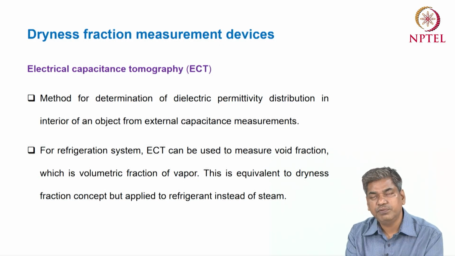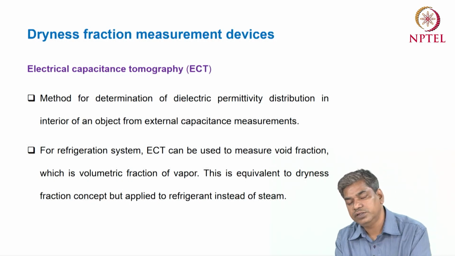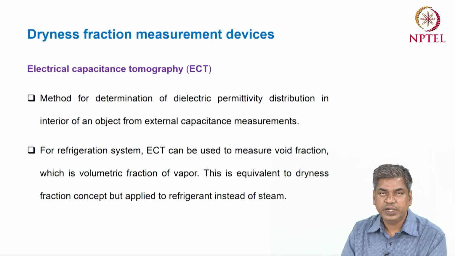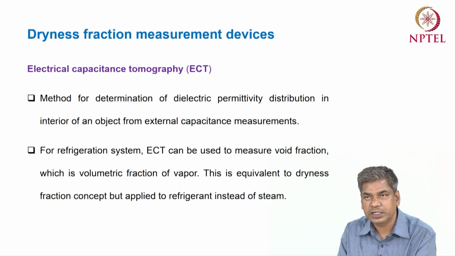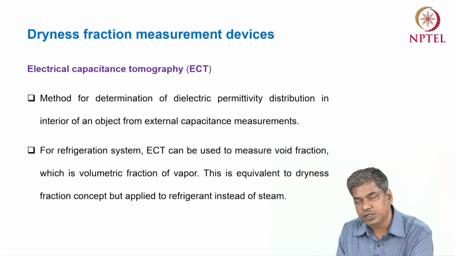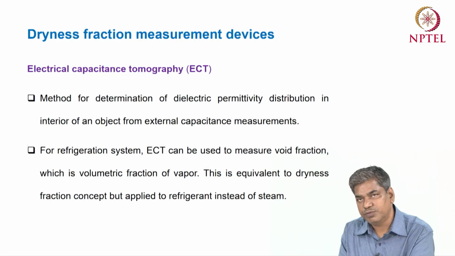But if by default we assume that the condition is saturated liquid and use that density to calculate the mass flow rate, the answer will not be correct. So we will get an incorrect mass flow rate by using the rotameter.